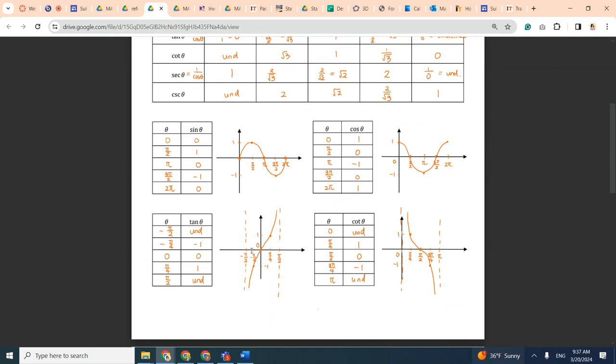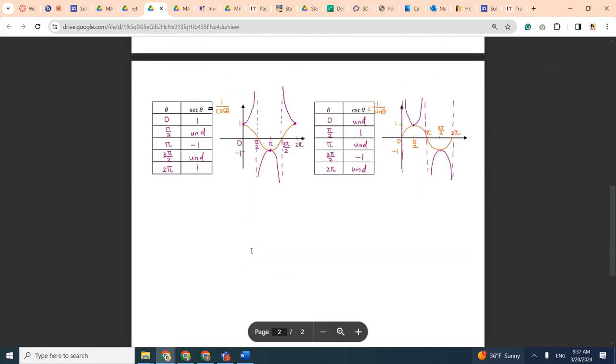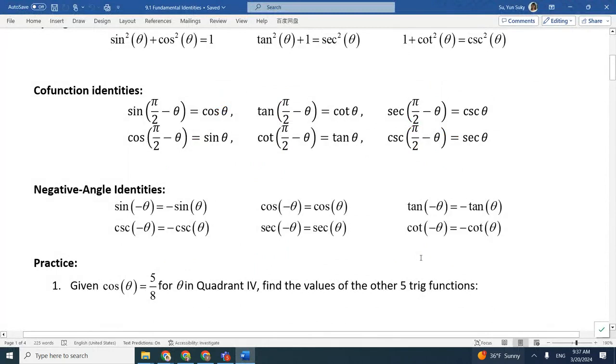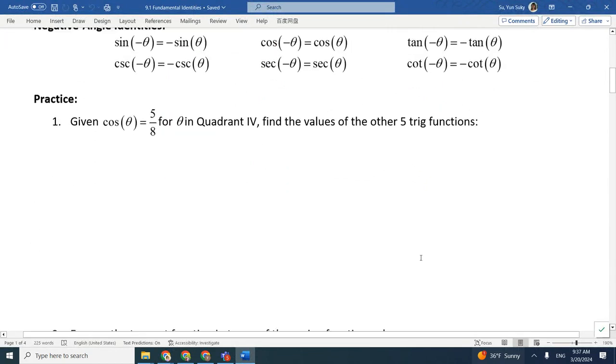Tangent, odd function, right? Cotangent, odd function. Secant, what? You can draw it longer. Even function, eats the negative sign, right? And cosecant is also an odd function. Okay? So for an odd function, you still have the negative sign in front. But for an even function, you eat the negative sign, it disappears. Digest. Okay, everybody? Those are the negative angle identities.